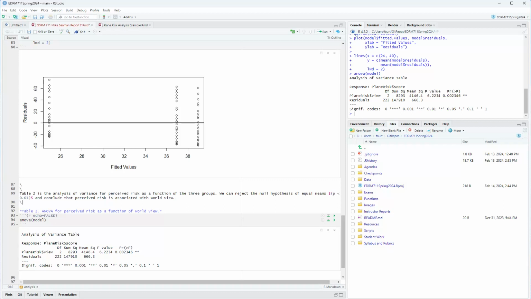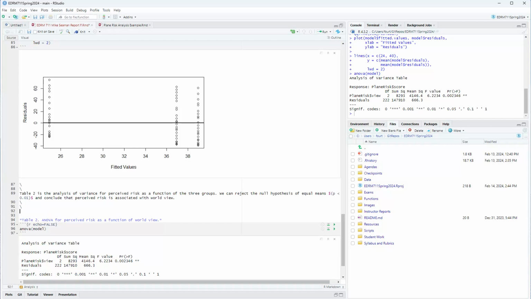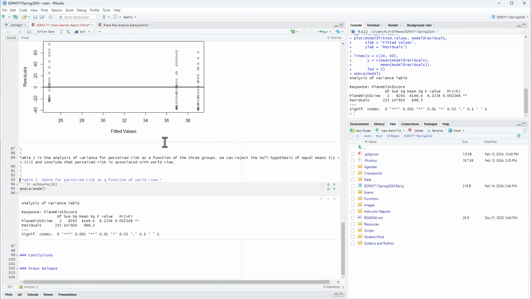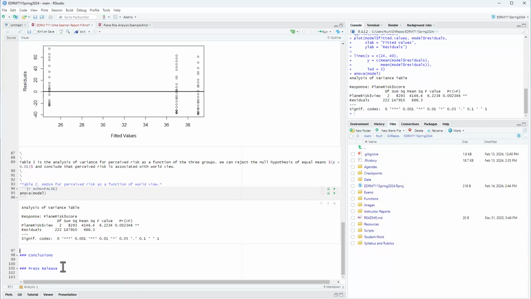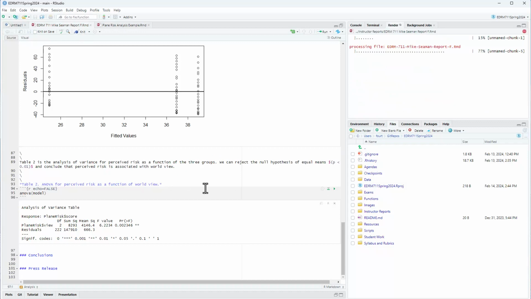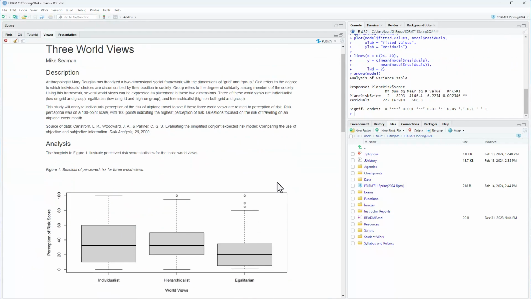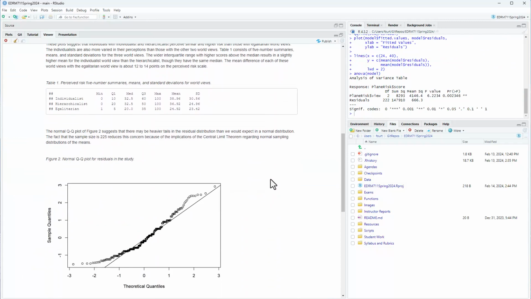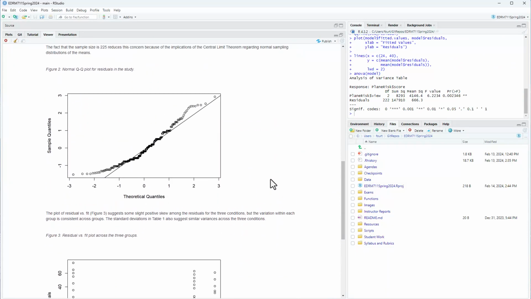Let me go ahead and put some additional space here. We'll see how it looks when I knit it. But right now, I think that's it for my analysis. So let's go ahead and knit it and look at the analysis, and then we'll write the conclusions. Okay, right now I'm just scanning to make sure that everything looks good to the eye.